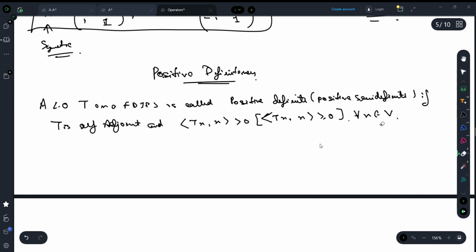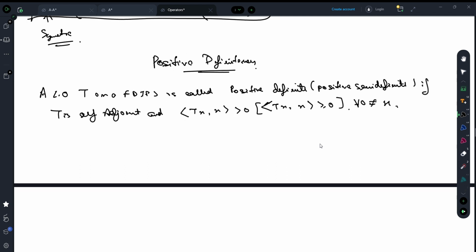I should rather be specifying for all non-zero x, right? Clear? So a real or complex n cross n matrix is positive definite or positive semi-definite if the linear operator induced by it is so.